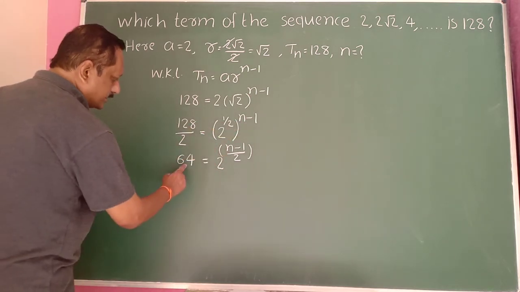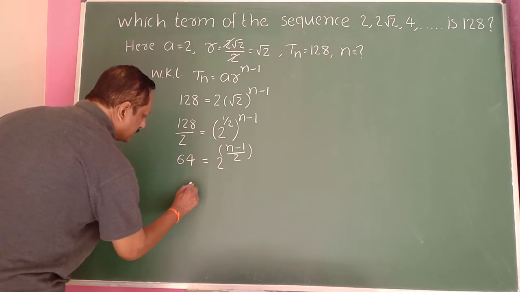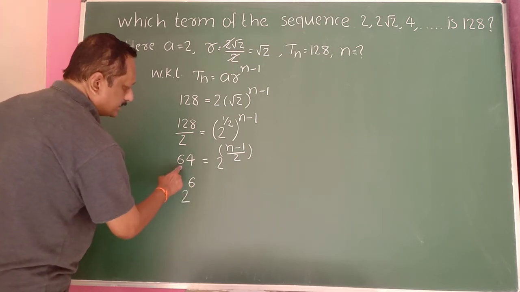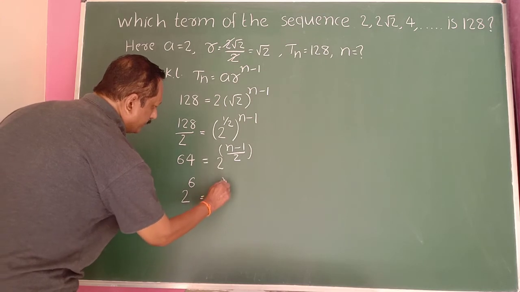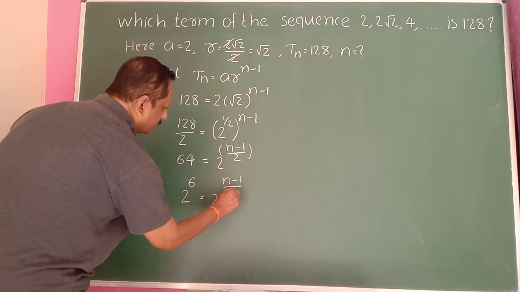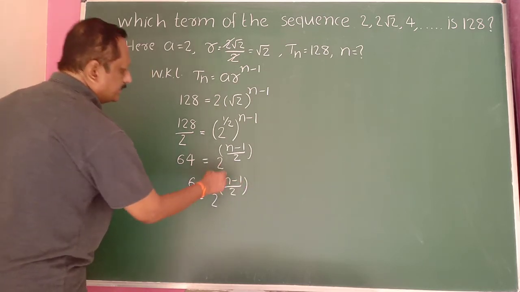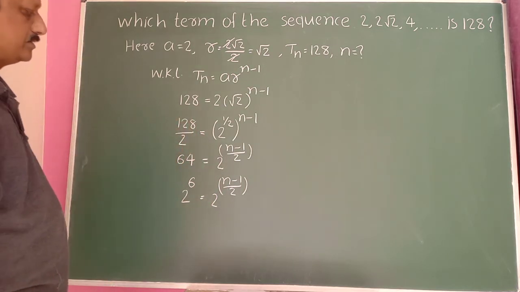And 64 can be written as 2 raised to 6. Keep 2 raised to n minus 1 divided by 2 as it is.